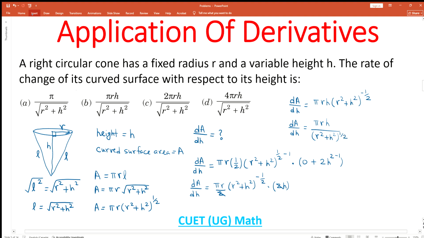Next, we can change the rational exponent 1 over 2 to square root. I get pi rh over square root of r square plus h square. So the answer should be option B. This should be the final answer for this problem.